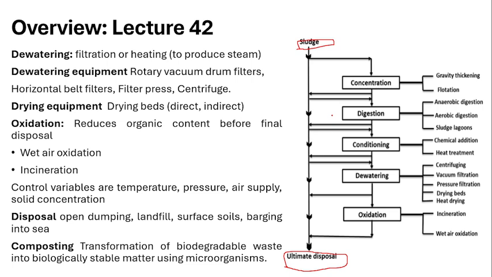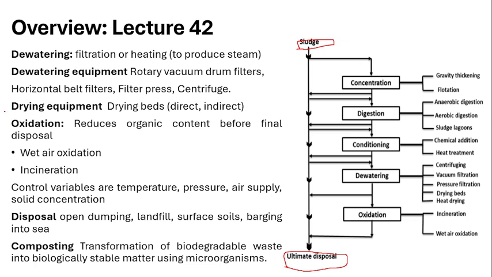So it can be done by using centrifuging or filtration like pressure filtration, vacuum filtration, or using the drying beds or heat drying. These are some of the methods involved in the dewatering. Next step is the oxidation. So oxidation can be either by the incineration method or by using the wet air oxidation method. These are the different steps involved before the disposal of the sludge. Okay, in the sludge treatment, these are the different steps involved.